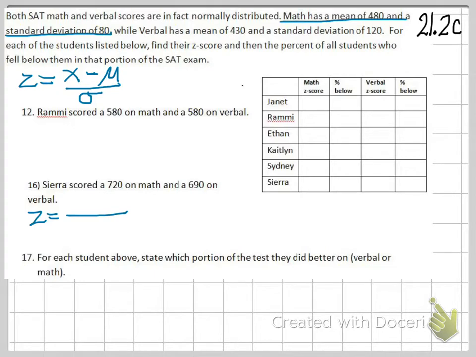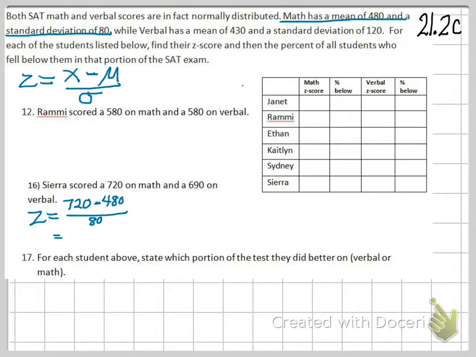Come down here. The math score I need to know about is 720. And I'm going to subtract from that my math mean, which is 480, and divide by the math standard deviation, which is 80.